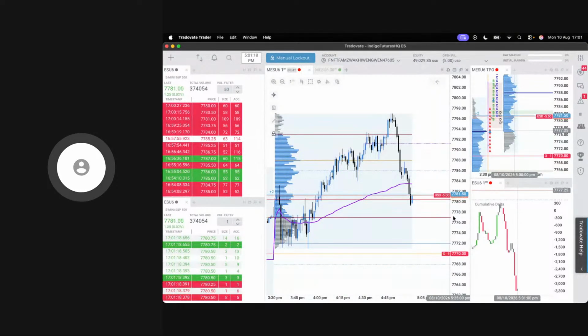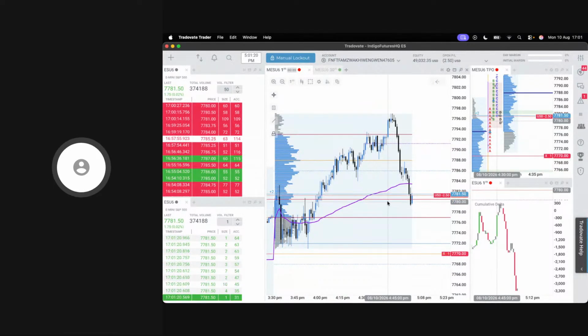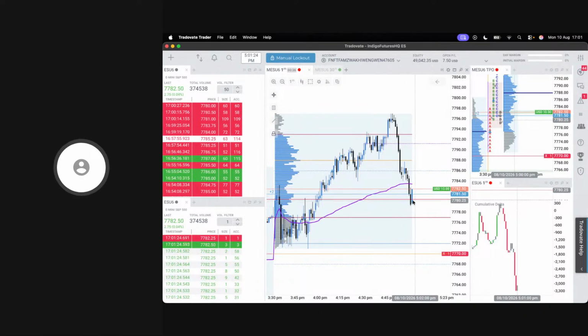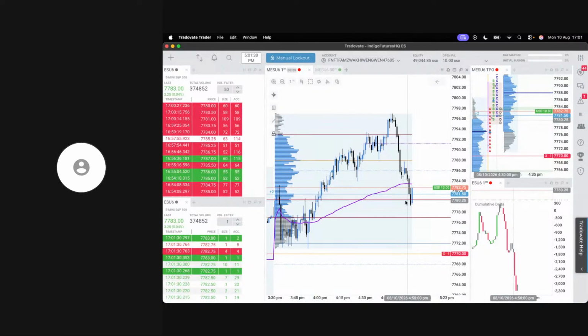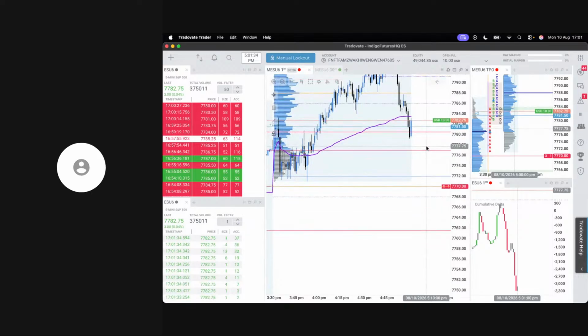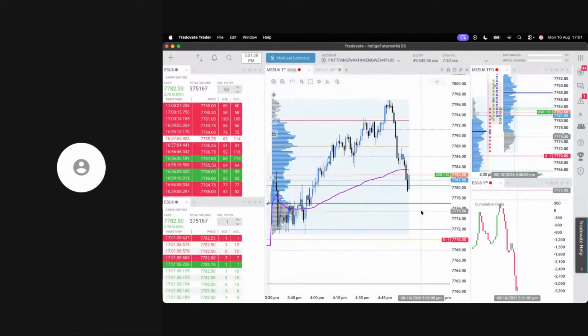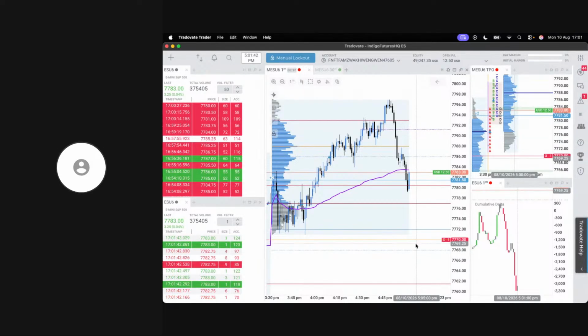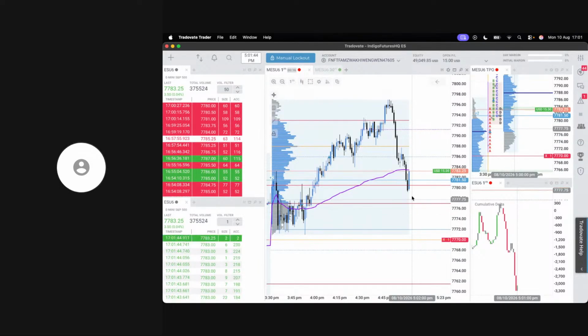The success of our trade is gonna be determined by how well we can hold outside of previous day value. Because if we do start accepting inside previous day value, then that's gonna be a target for sure.